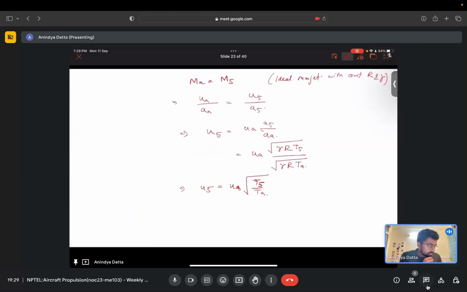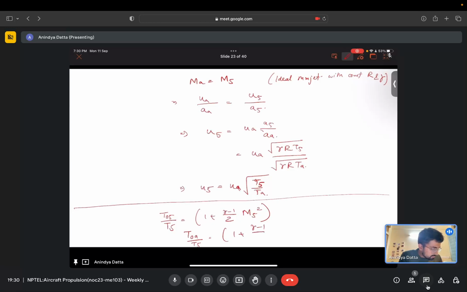So what we do here is, T05 by T5 is equal to 1 plus gamma minus 1 by 2 M5 square, and T0A by TA is equal to 1 plus gamma minus 1 by 2 MA square.